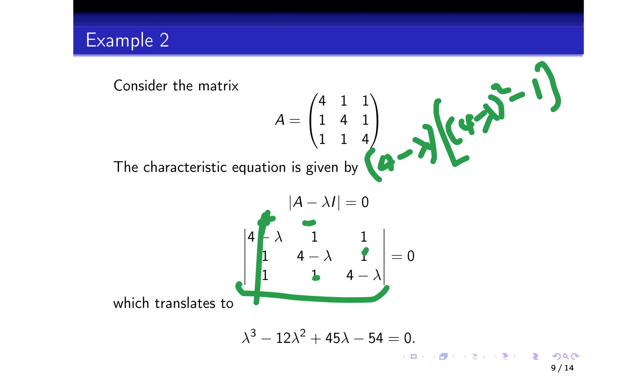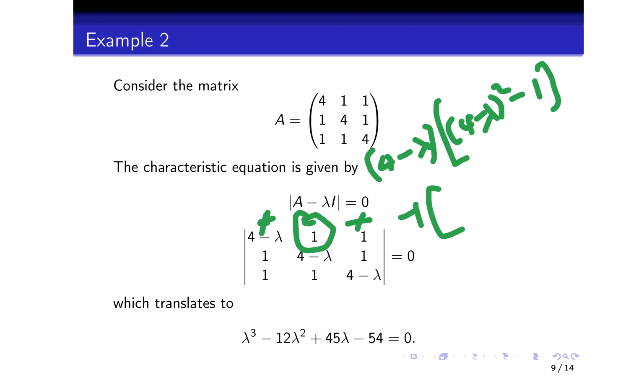Okay. So this is plus again. So now you have minus 1 into cross this out and cross this out. So you have 1 times 4 minus lambda, that's 1 times 4 minus lambda minus 1 times 1, which is also 1. And then you get rid of all this again.